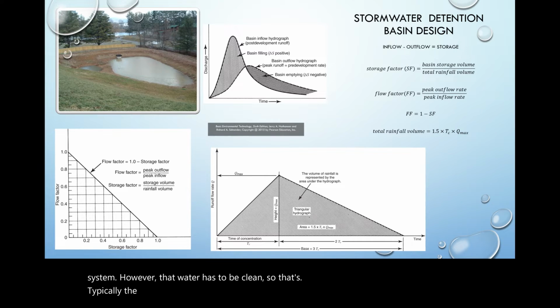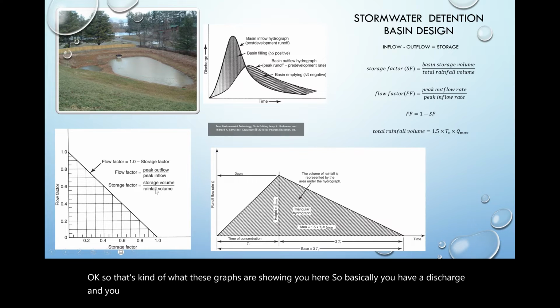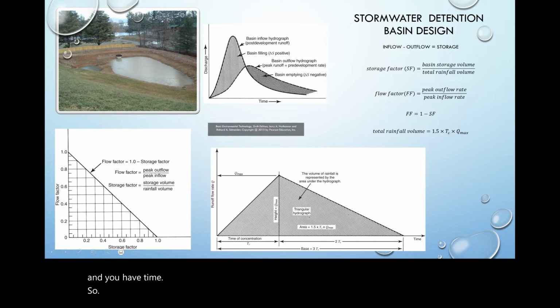How much storage do we have before it starts draining out? So that's kind of what these graphs are showing you here. Basically, you have a discharge and you have time. Basin inflow.